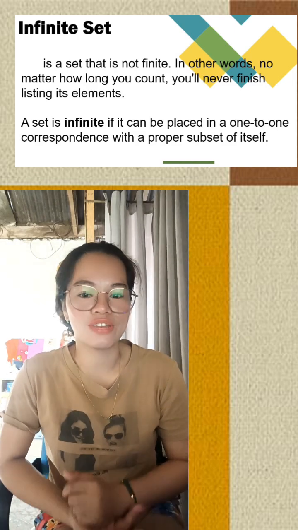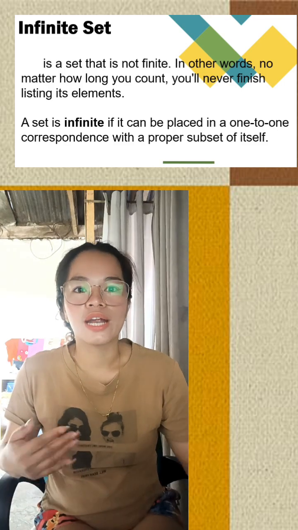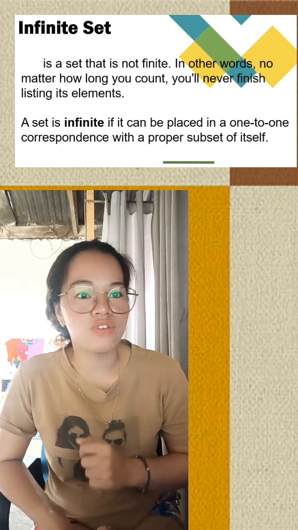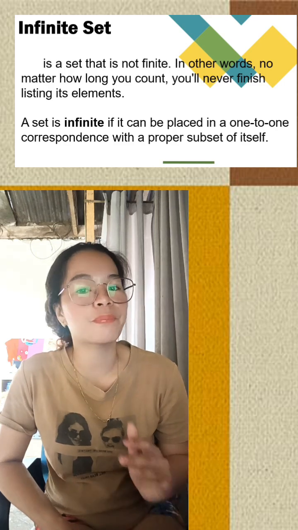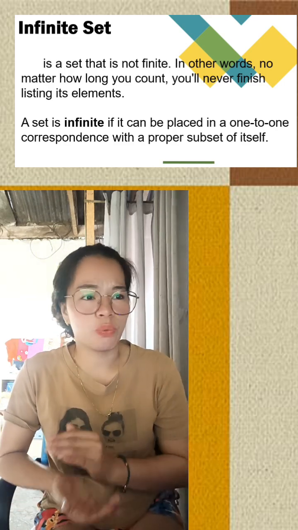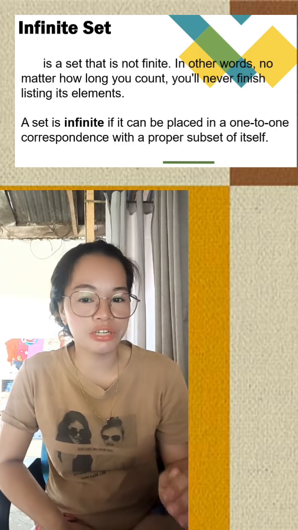So that's an infinite set. Or a set is infinite if it can be placed in one-to-one correspondence with a proper subset of itself. When we say one-to-one correspondence again, there are unique elements, which means no repetition of elements.